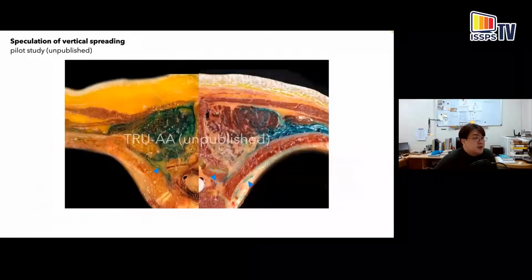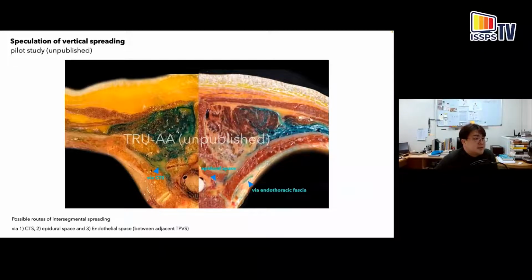In addition, there was a dye staining pattern that implied the high feasibility of intersegmental, vertical spreading. First, the CTS was distinctly stained. As mentioned before, the CTS was mostly filled with loose connective tissue and adipose tissue.